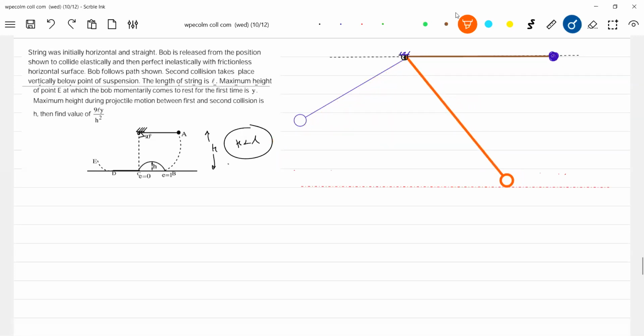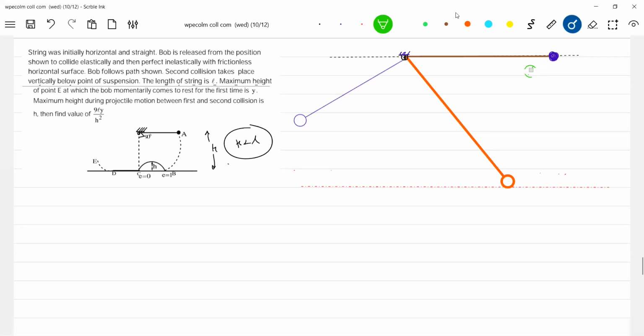Okay, now let's get into it. After this, what will happen to the string? That's what our discussion is. So what is the path? Here, definitely it should be a curved one.